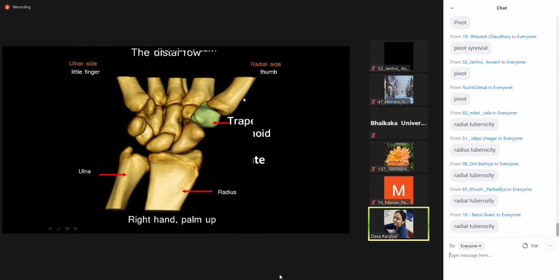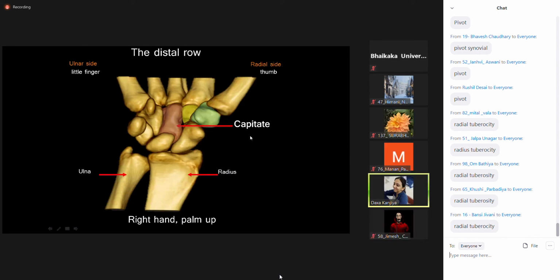Then in the distal row, there are trapezium, trapezoid, capitate, and hamate. Capitate is the largest carpal bone, and the hamate has a hook.